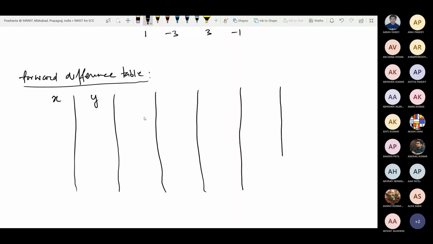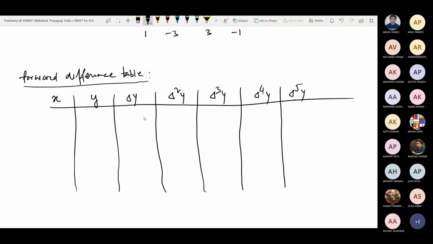At the beginning, you will not be able to say what will be the highest order non-zero forward difference. It will depend on the nature and number of data points. First order, second order, third order, fourth order, fifth order forward difference, and so on. Right now in the table, I'm taking 5 data points: X0, X1, X2, X3, X4.